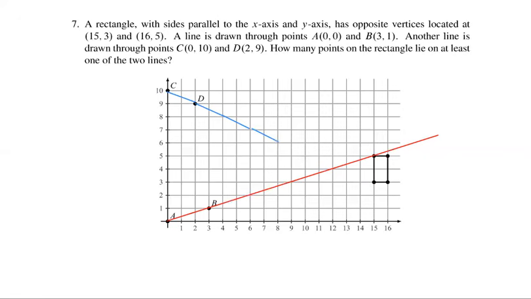Let me make it a better looking line, since we saw how it looks. The only point that is actually on that rectangle is this one. The answer should be just 1. Okay, so that was it.